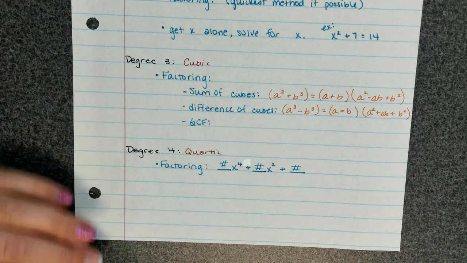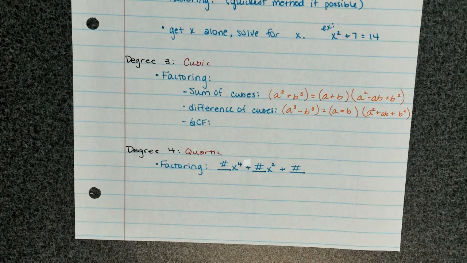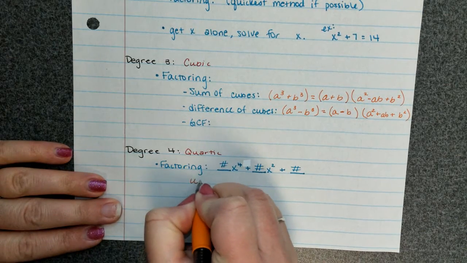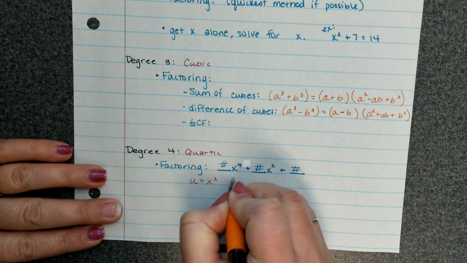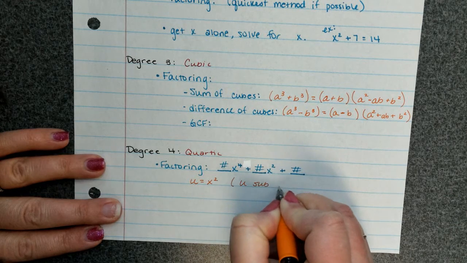And we learned that if this was the case, do we remember what we use in order to better factor this? U is equal to x squared, and we use U substitution.